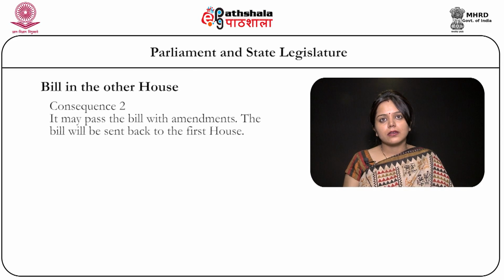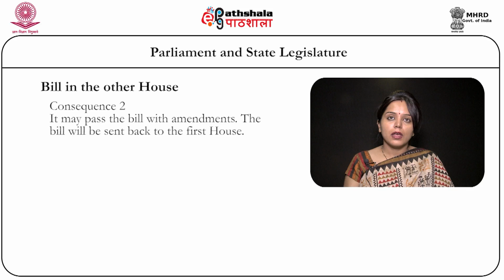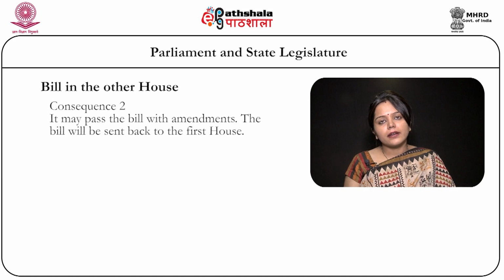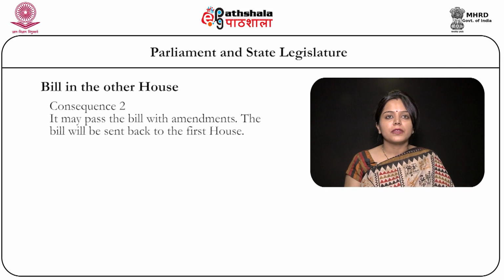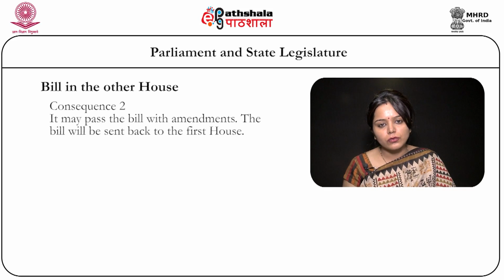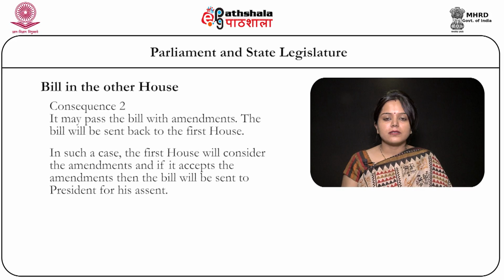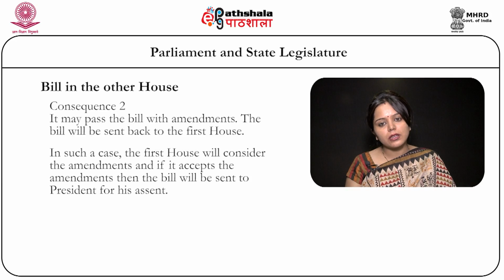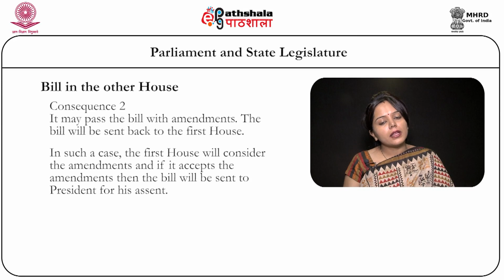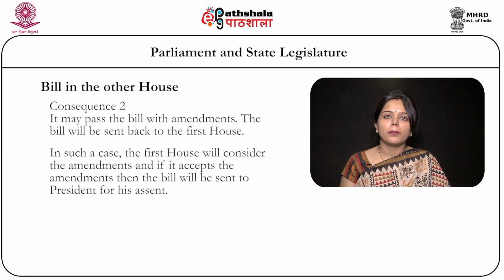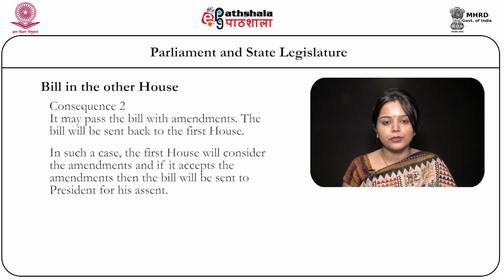The second consequence is that it may pass the bill with a few amendments, and if amendments are suggested by the other house, then the bill will be sent back to the first house, and in such a case the first house will consider the amendment, and if it accepts the amendment, then the bill will be sent to the president for his assent.